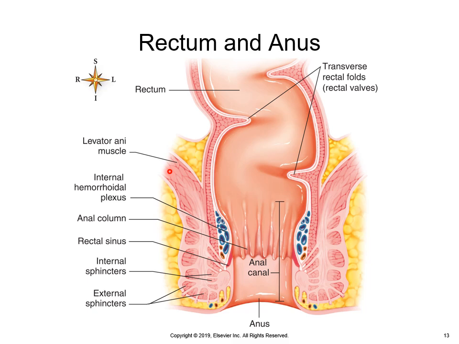When it comes to things like fecal incontinence, that's when we have a weakness or damage to this external anal sphincter, and it causes that patient to have a loss of bowel control. So they can no longer control their urge. When they have to go, they have to go.